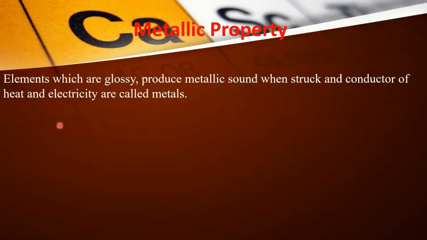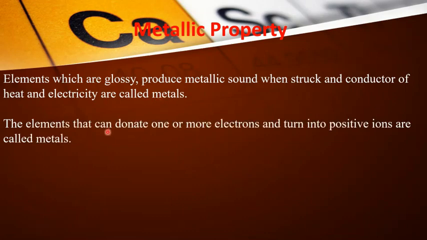what is metal. Elements which are glossy, produce metallic sound when struck, and are conductors of heat and electricity are called metals. And the elements that can donate one or more electrons and turn into positive ions are called metals.